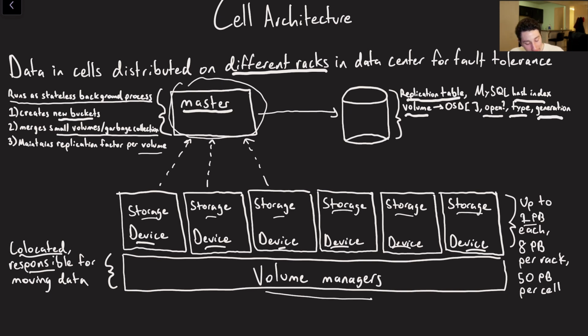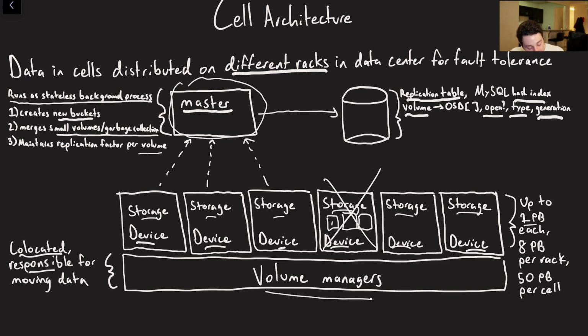So, for example, if one of these storage devices were to go down, all of a sudden it's got a bunch of different buckets on it that need to be moved around. So the master is going to wait some time for that storage device to come back up, because obviously if it comes back up, it's cheaper to just let it come back up rather than redistribute all these volumes.